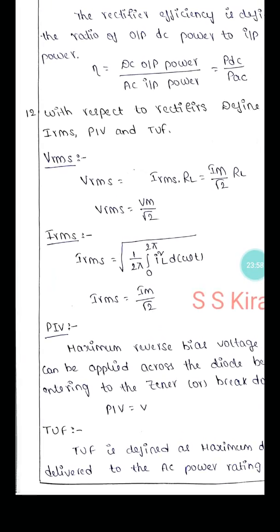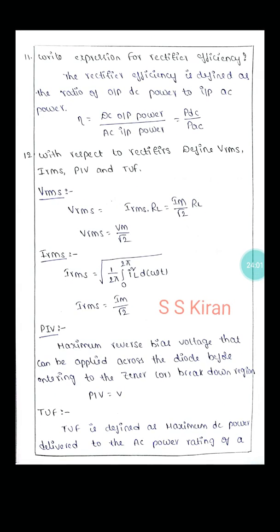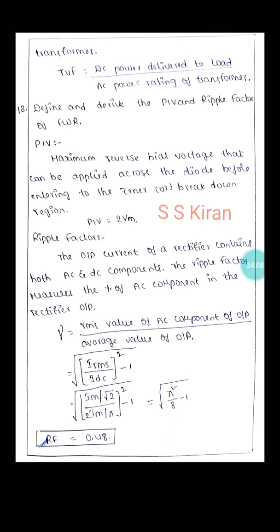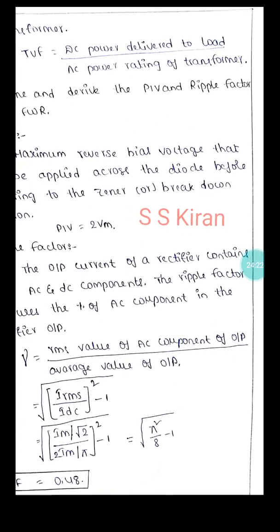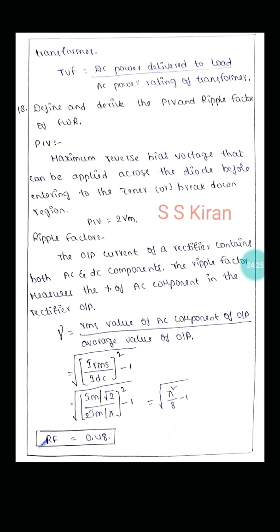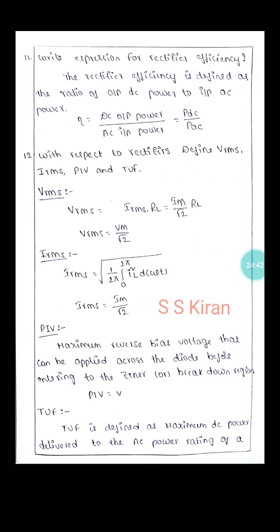TUF is defined as the DC power delivered to the load divided by the AC power rating of the transformer. DC power is observed at the load, that's why we call it DC power delivered to the load. The AC power rating of the transformer means its input AC. These are the definitions of PIV and TUF.